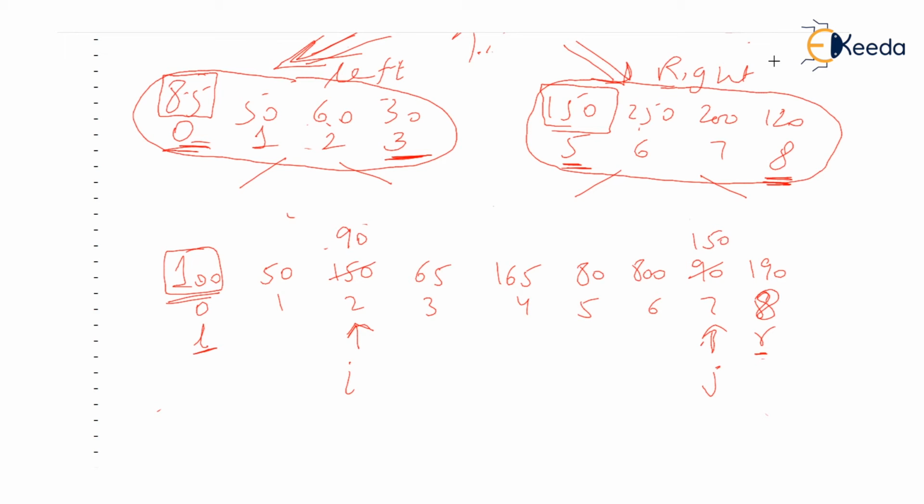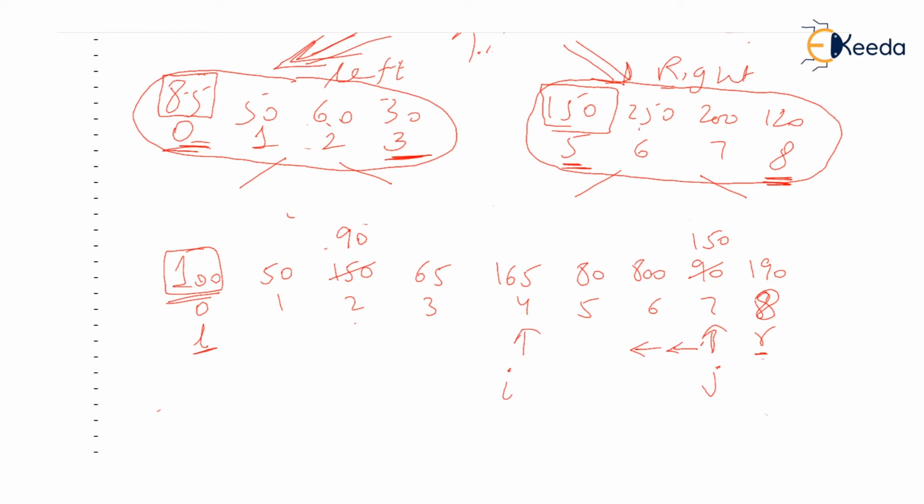Now continue the process by increasing I repeatedly till we get first value greater than the pivot. I always searches a value greater than the pivot. So 165, which is at the fourth place, will be the position where the counter I is going to stop now, isn't it so? And now turn of j. J will decrease till it gets a value less than 100 or equal to 100.